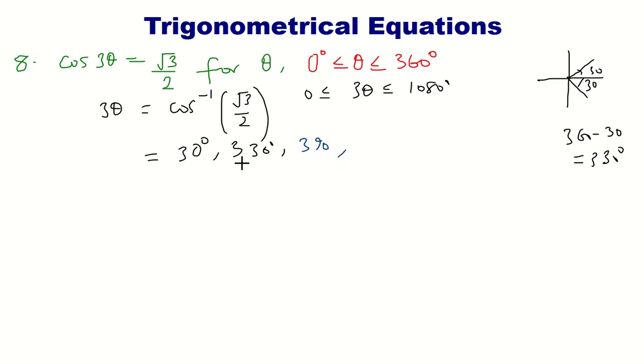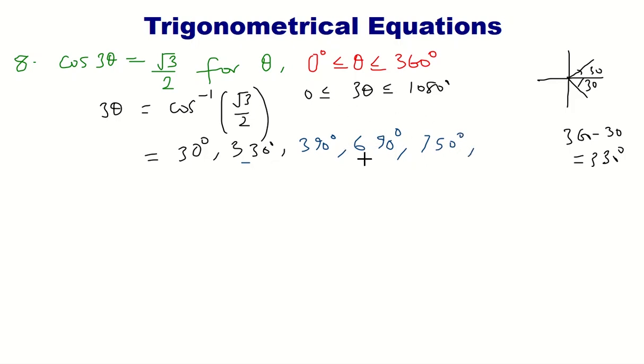When we add on this, we get 690. When we continue, add 360 on this, we end up with 750. We are still in range.